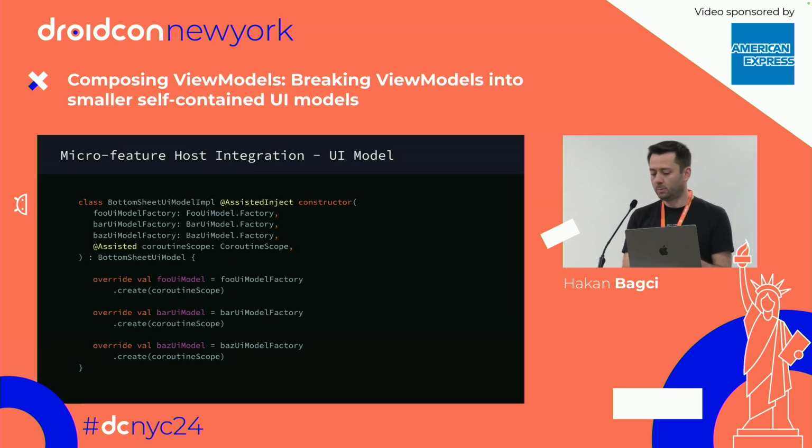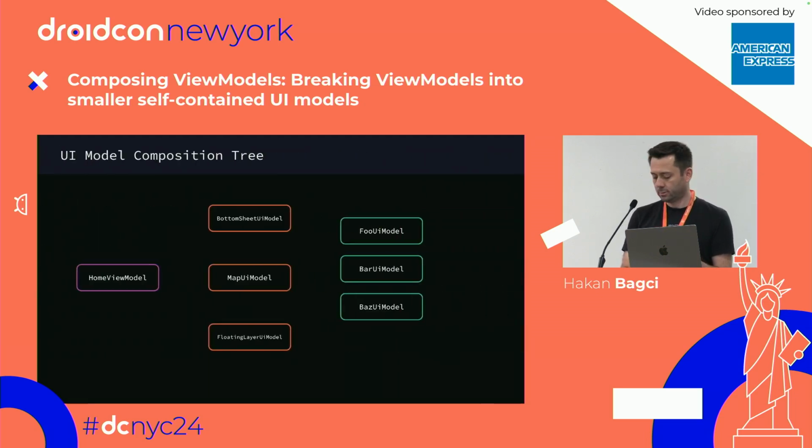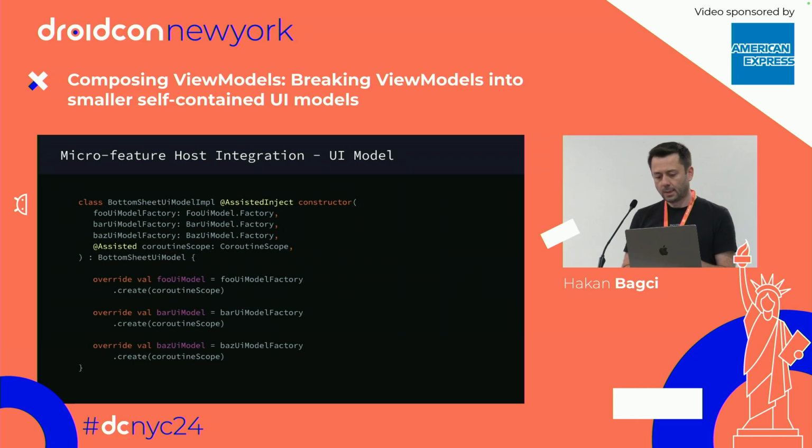These UI components are implemented using the micro feature architecture, so bottom sheet UI model can depend on the API modules of these micro features as it receives them through the constructor, and create respective UI model instances as shown below. It's exactly the same method we used to compose our host in the parent home view model. Now we are composing our content in bottom sheet in a similar way.